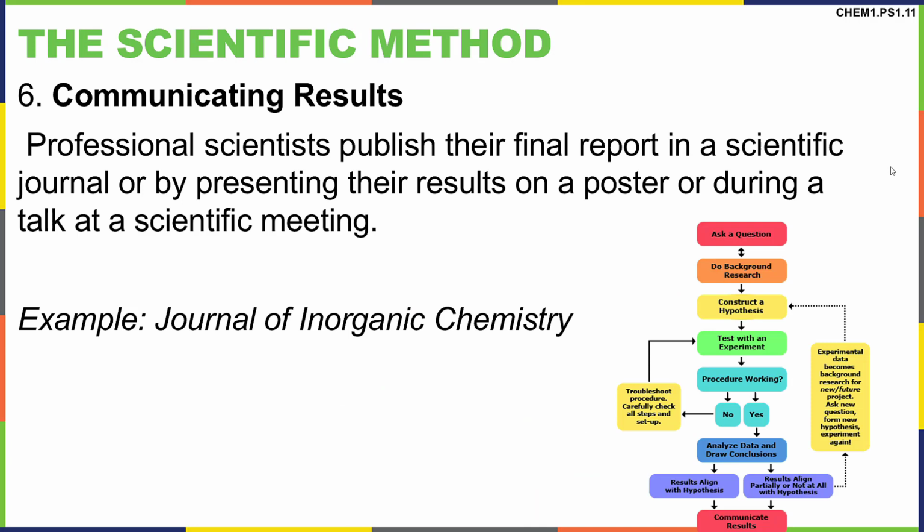So if everything's good to go, you've validated your hypothesis, everything's clear, you communicate your results. Professional scientists publish their final report in a scientific journal, or they present their information at a conference or at a meeting, something like that. And you have journals, right?